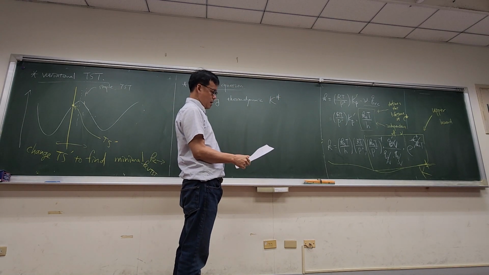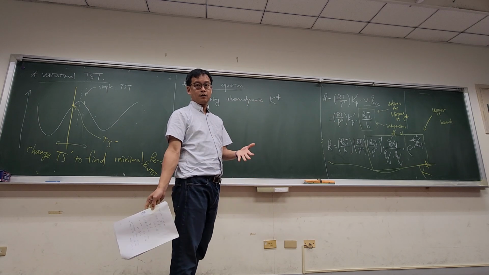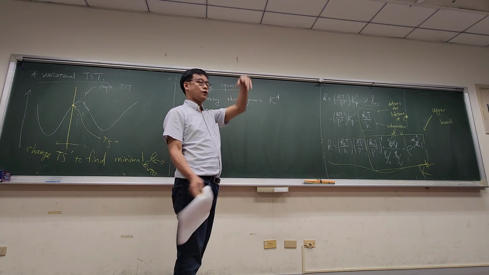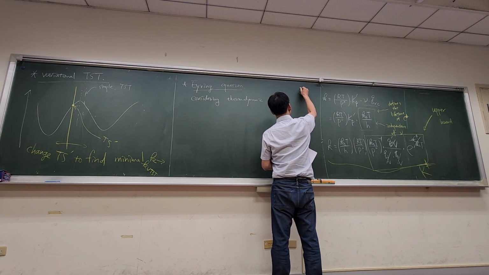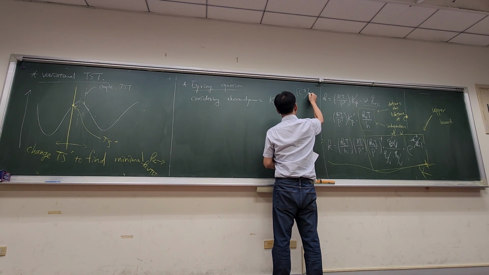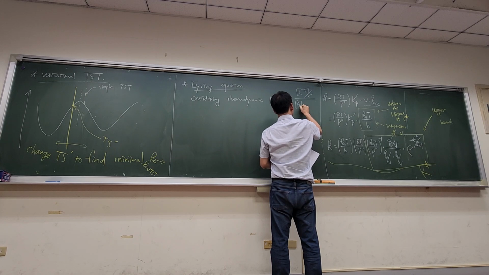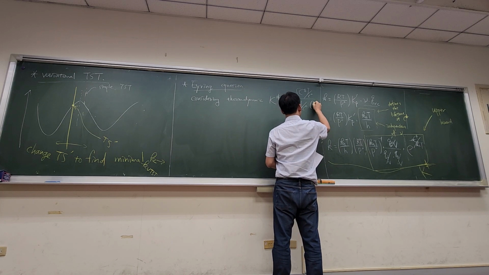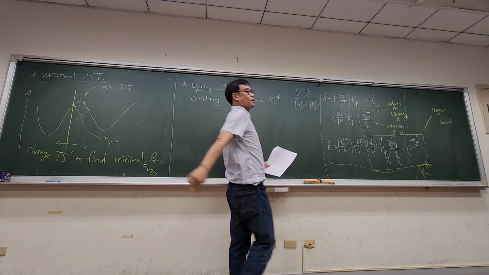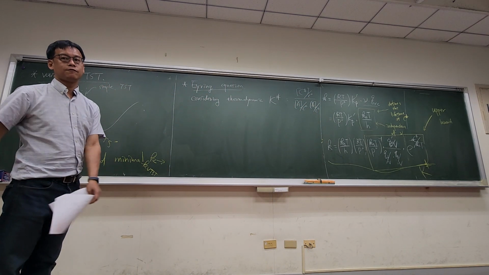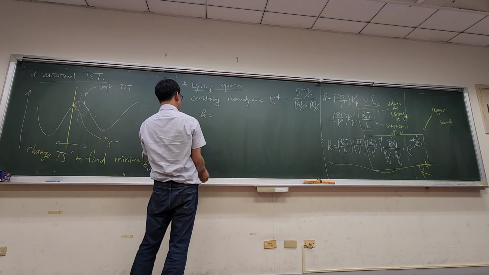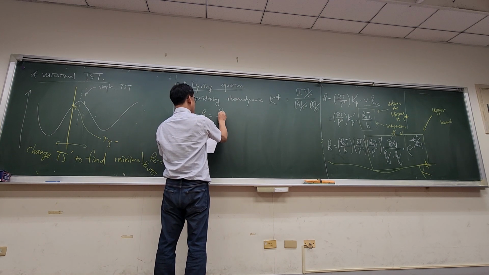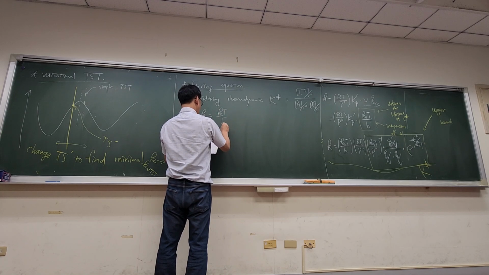So he writes the transition state by considering thermodynamics. The K double dagger is basically a concentration ratio. If we focus on this, K can be simply written as kT divided by h.